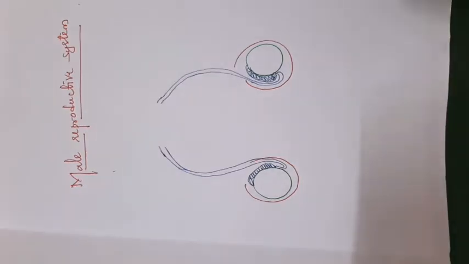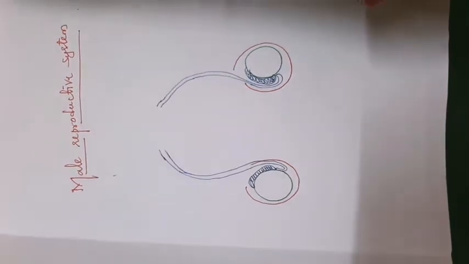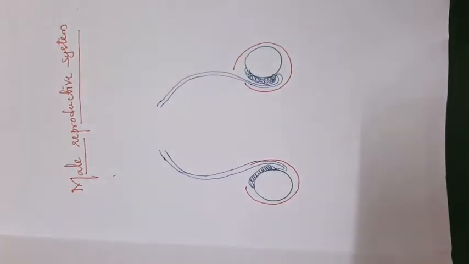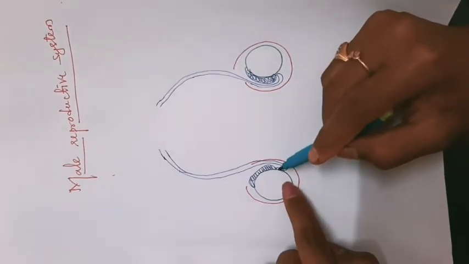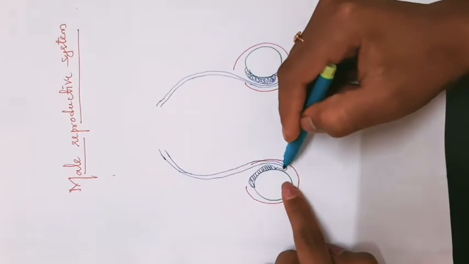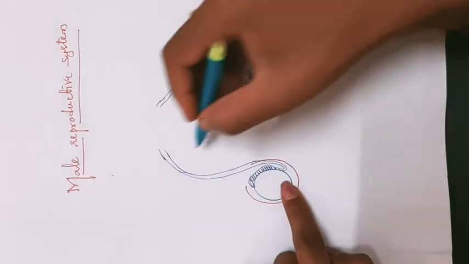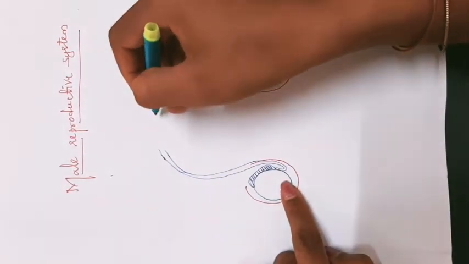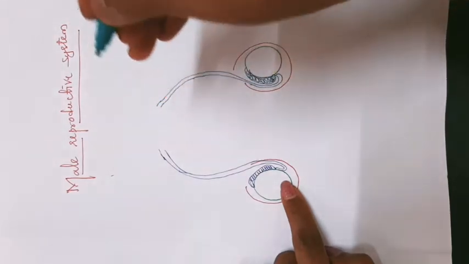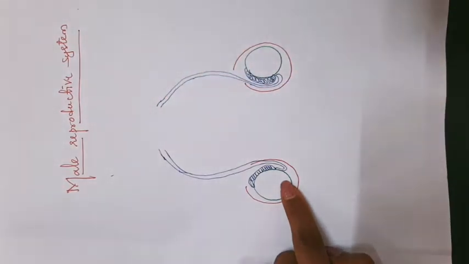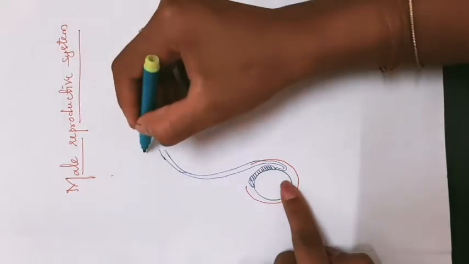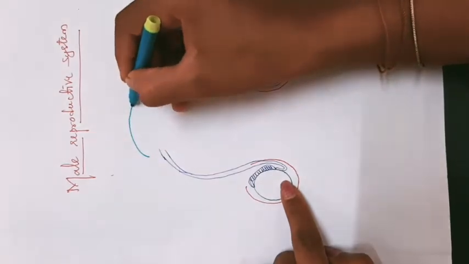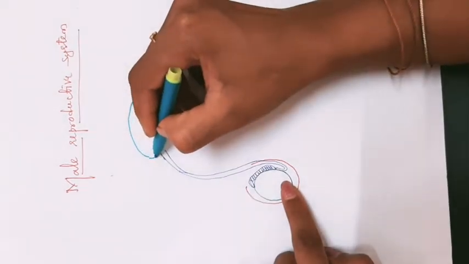Next, the tube-like structure arising at the tail part of the epididymis ascends and finally connects with the urethra, one of the excretory organ parts. The urethra arises from the urinary bladder.